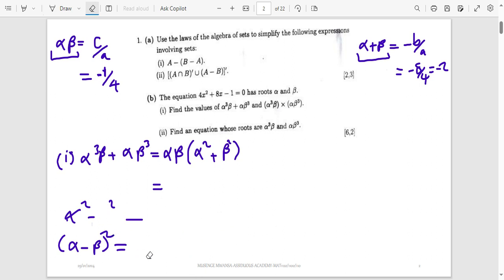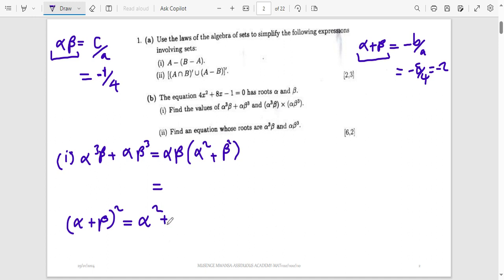Since alpha squared plus beta squared is not known, we need to make sure it is either a sum of alpha and beta or a product. What should we do? It is very easy. You use alpha plus beta in brackets squared, and you can expand this. When you expand, you get alpha squared plus 2 alpha beta plus beta squared. Now I'm going to put the alpha squared and the beta squared together and take the 2 alpha beta to the other side.